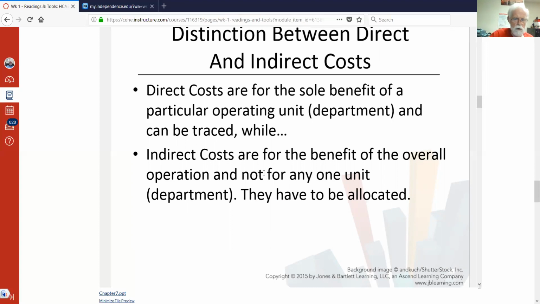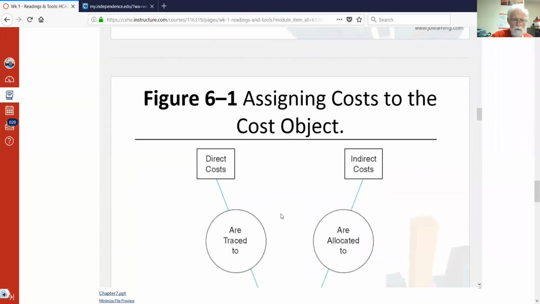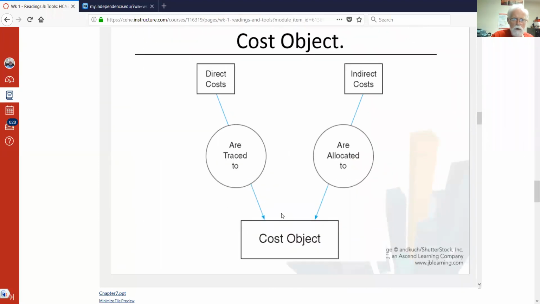But for those specific people, we have to allocate that, as with the overall costs of utilities and so forth. So we have direct and indirect costs. Direct costs are traced directly to that object, indirect costs are allocated.